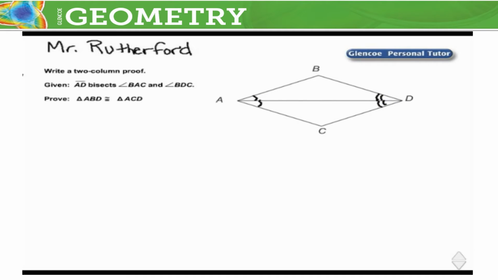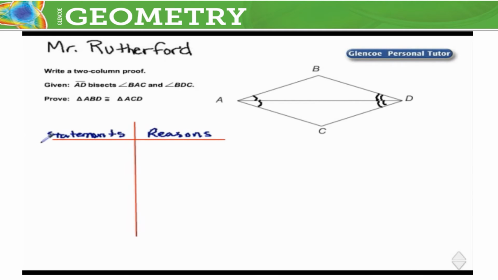Now, in order to write a two-column proof, I'm going to split this up into two parts. On the left, we'll have our statements. And on the right, we'll have our reasons.